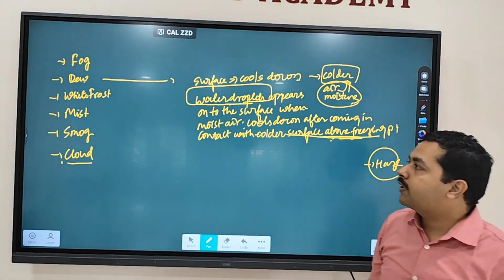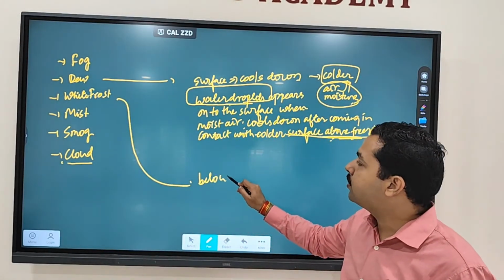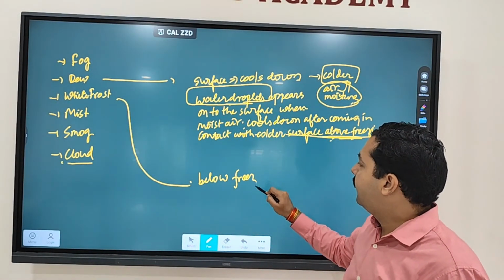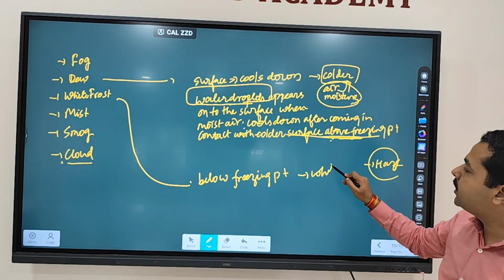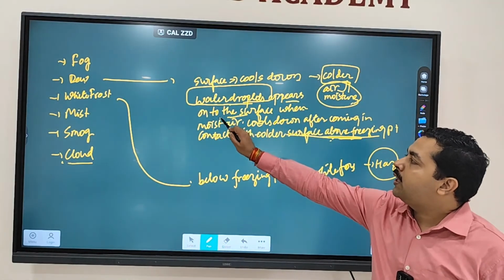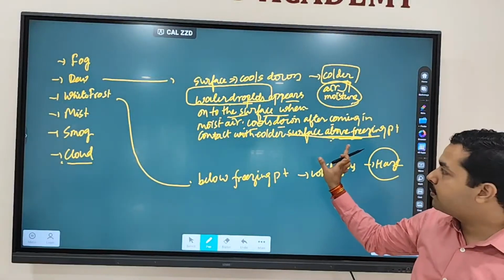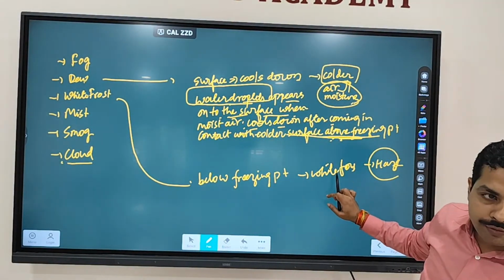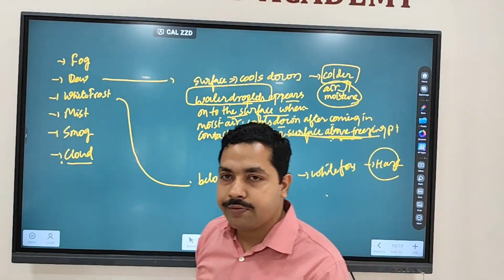Fine. If condensation takes place below freezing point, then what is going to be formed? Then it is going to form a white frost. The same thing. So when moist air comes in contact with a colder surface, but condensation here takes place below freezing point, then it is going to form what? Then it is going to form a white frost. Clear?